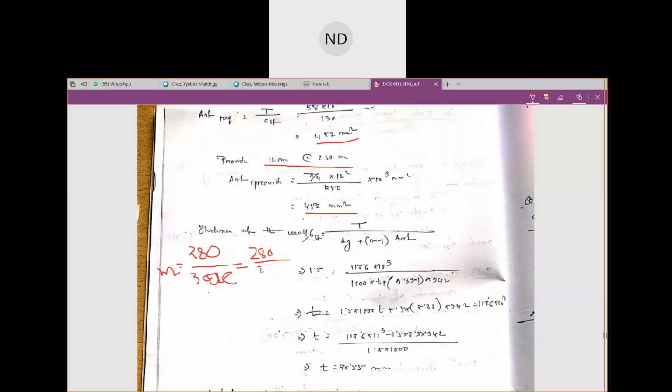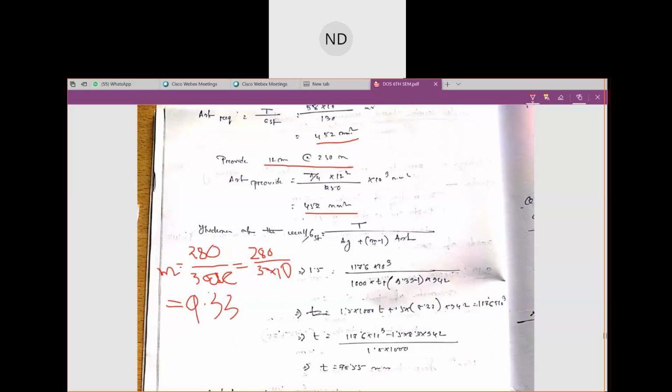So 280 by 3 sigma CBC, and sigma CBC from table is 10. So we got how much? This value you will get to be 9.33.